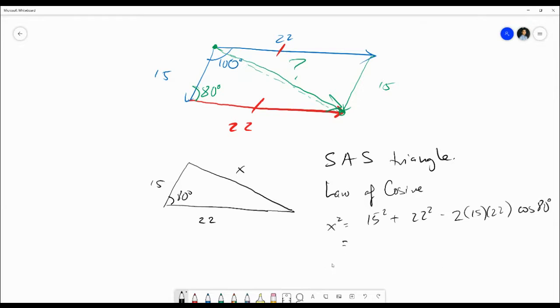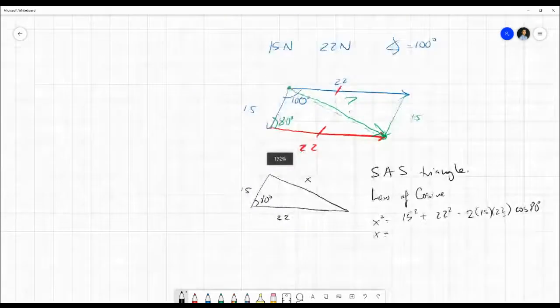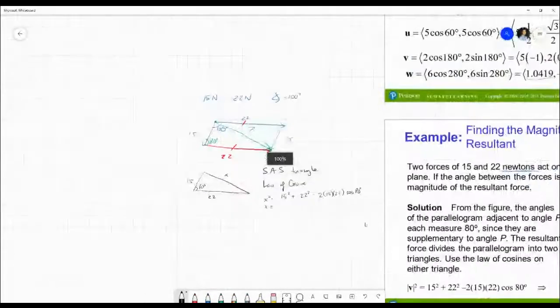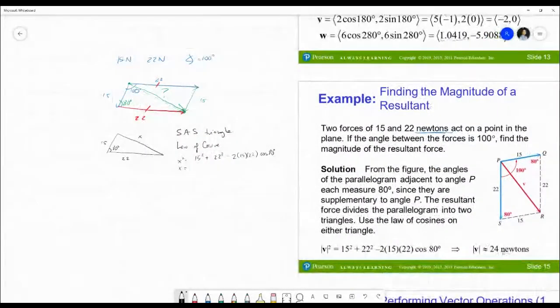If you enter all that and then take the square root, we have x equal to, let's see what they got, about 24 Newtons. Okay, so that means my side here is 24. So basically, for most of these problems, if you are able to draw the parallelograms so you can figure out the angle so that we have a side angle side triangle, then the rest of it would be very easy.